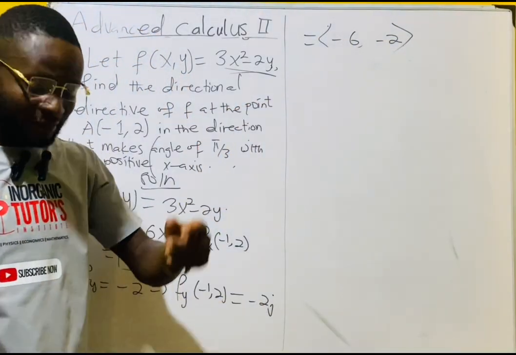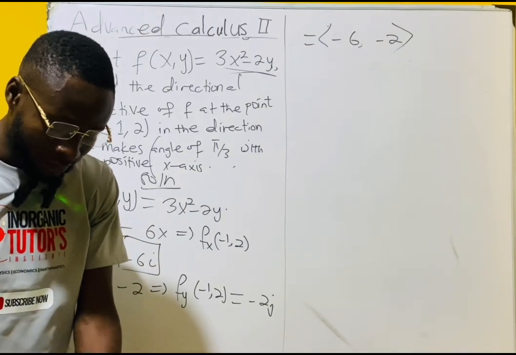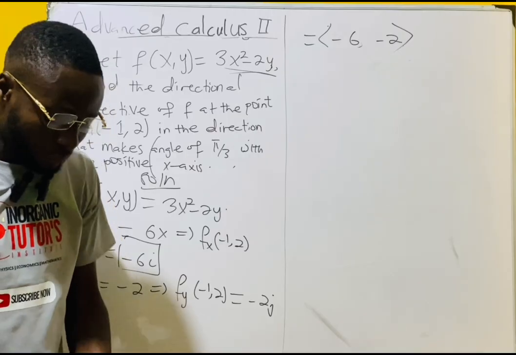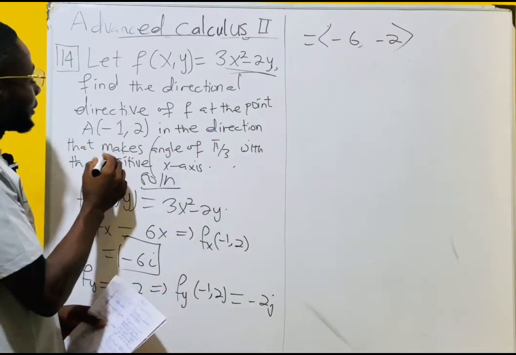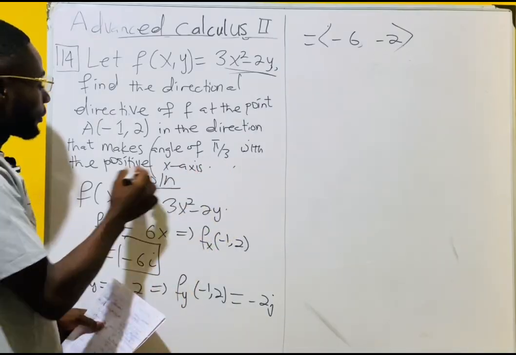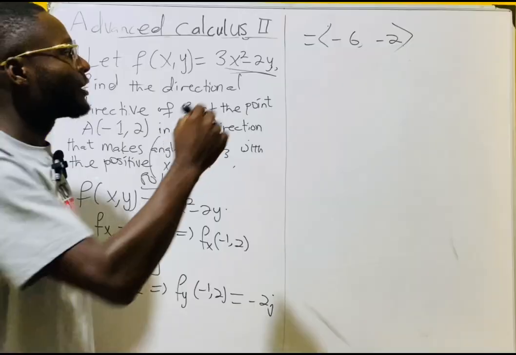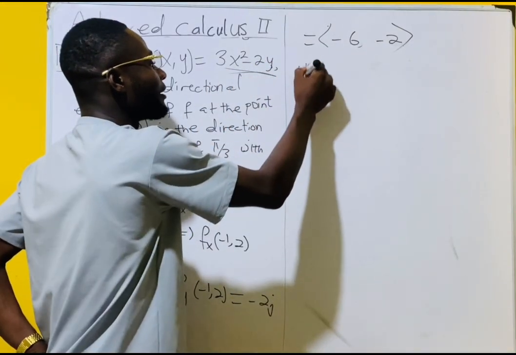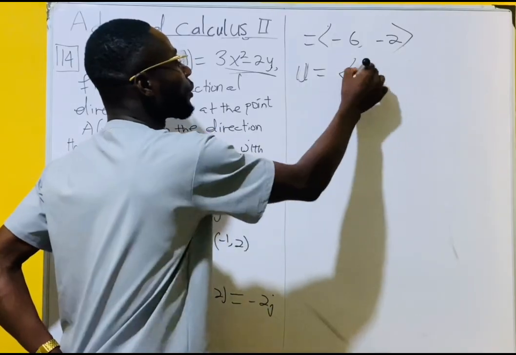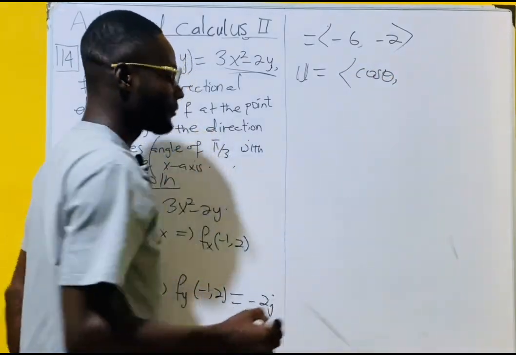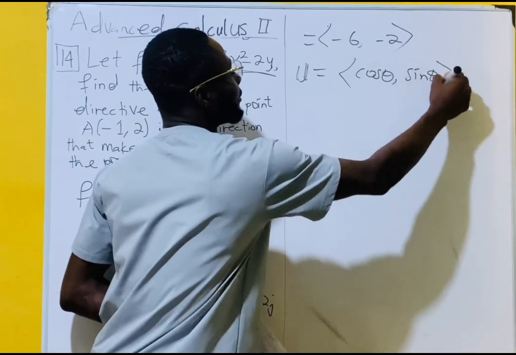Now we need the direction vector, the unit vector, right? So in this instance, we have been given the direction that makes an angle of pi on 3 with a positive x-axis, right? So with that, note that if you want to find the unit vector, it is equal to cos theta, sine theta, right?